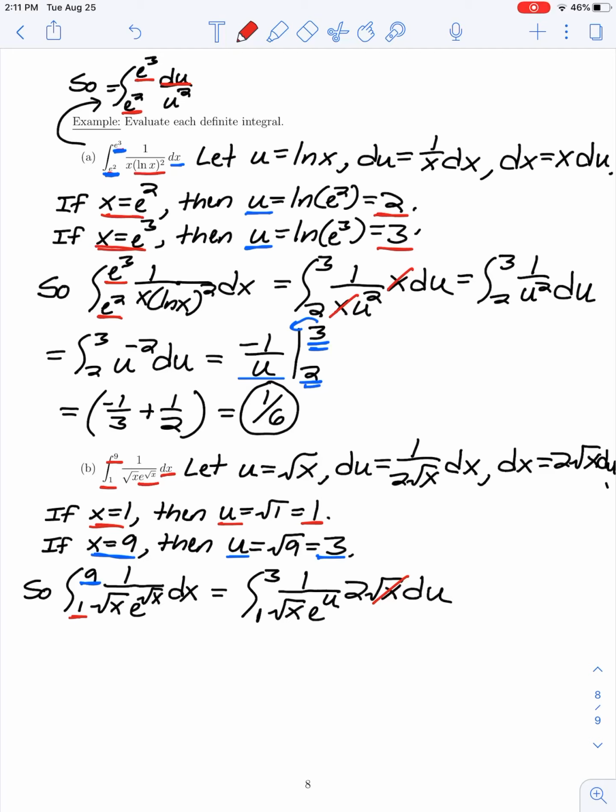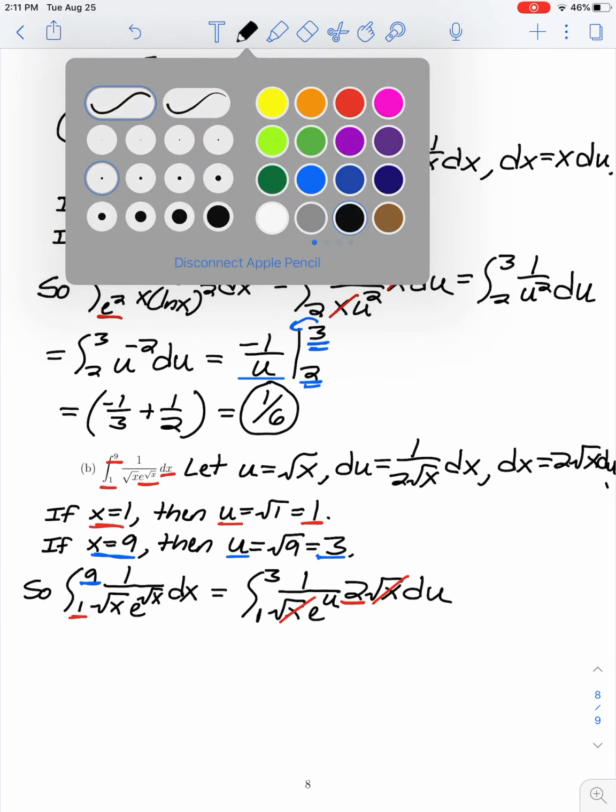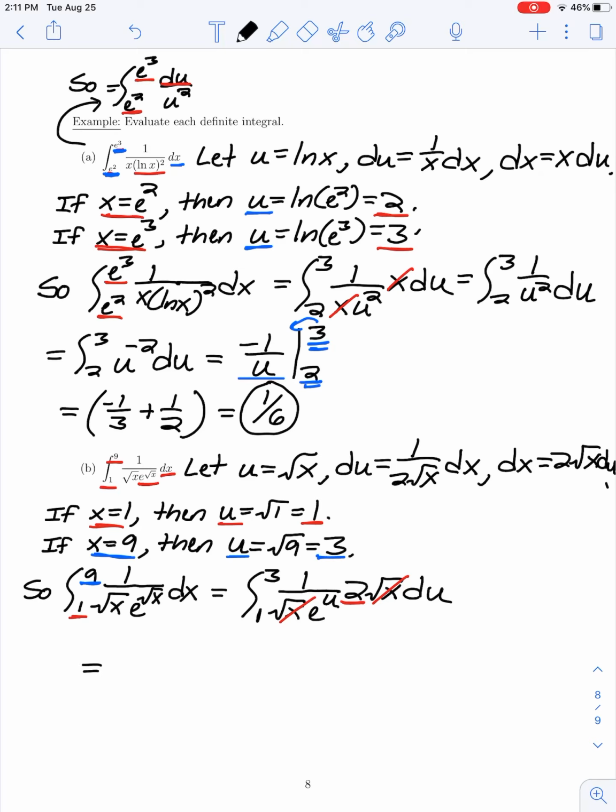So we see that this root x term in the numerator and denominator cancel. I'm left with a constant factor of 2, which I can bring out in front of my integral. And then I have 1 over e to the u du.